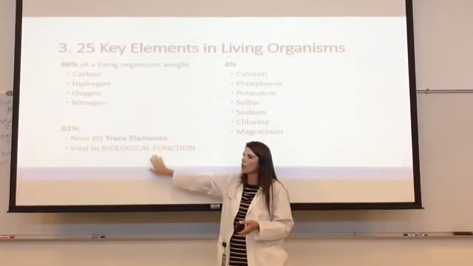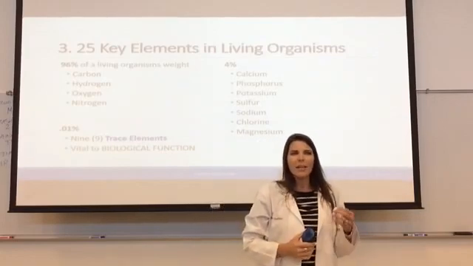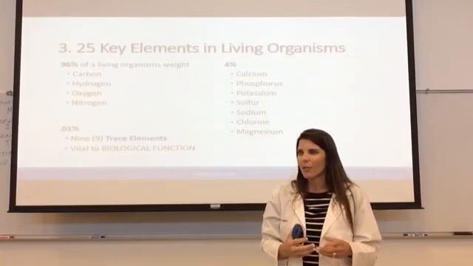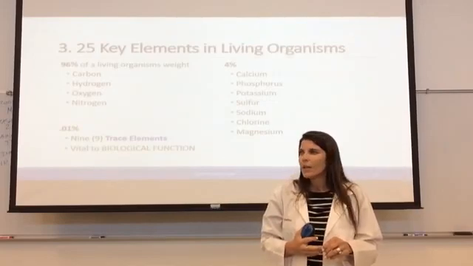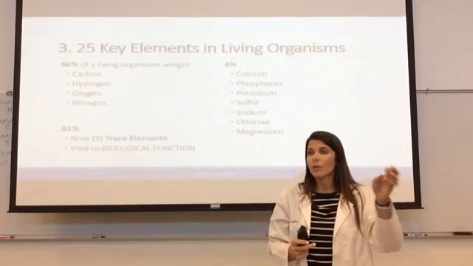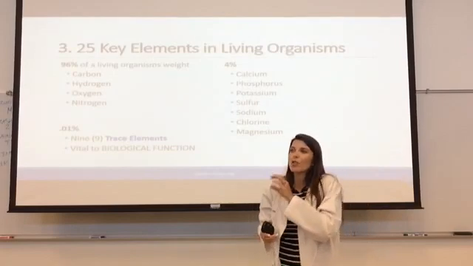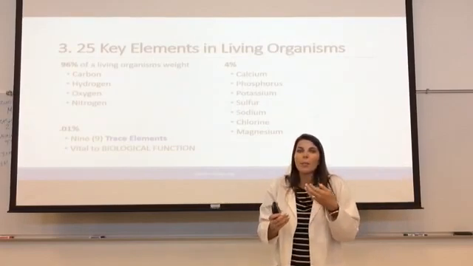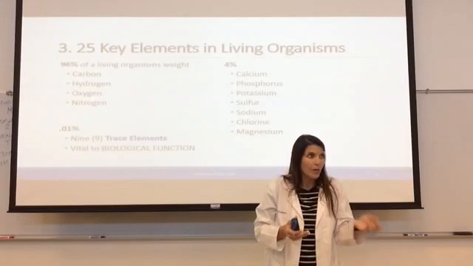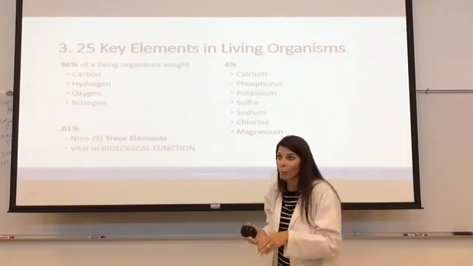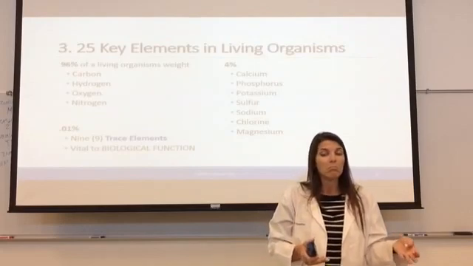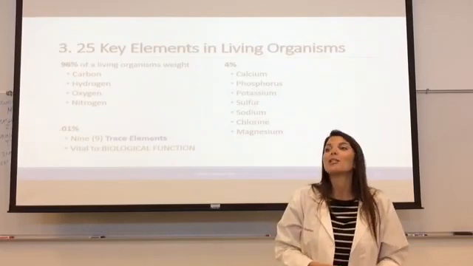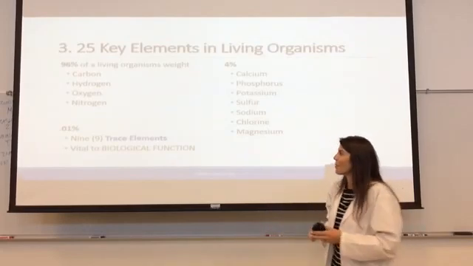And then we have what we call trace elements. What does it mean to use the word trace? What is that referencing? Small amounts. We call these trace elements, which means that you'll find them in very small amounts. But you have to find them, because if you don't have them, you will expire.